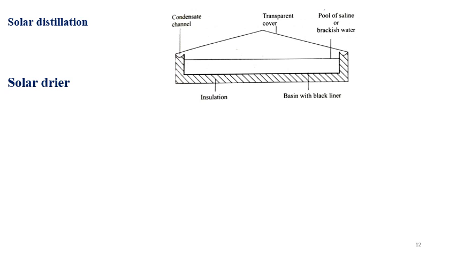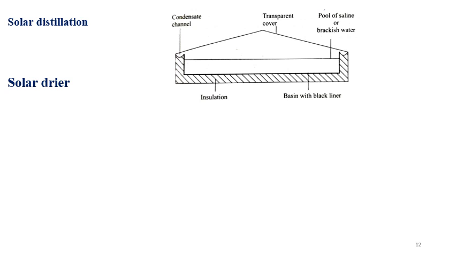It consists of a blackened basin containing saline water at a shallow depth, over which at the top a transparent airtight cover completely encloses the space above the basin. So it has a roof-like shape.